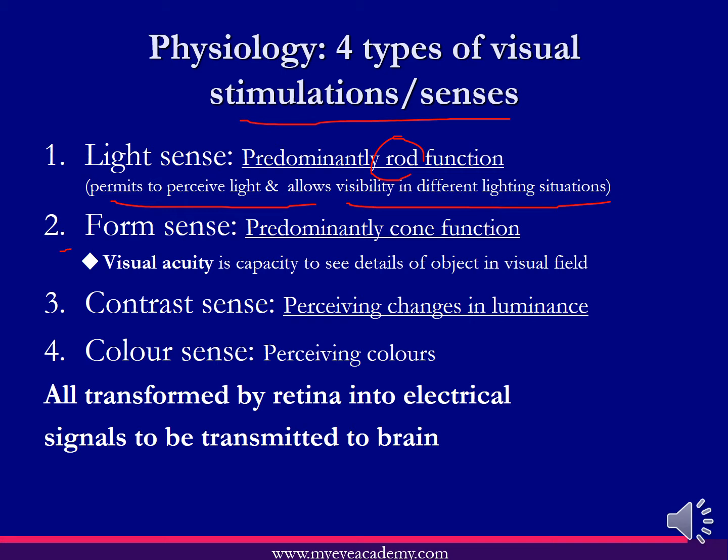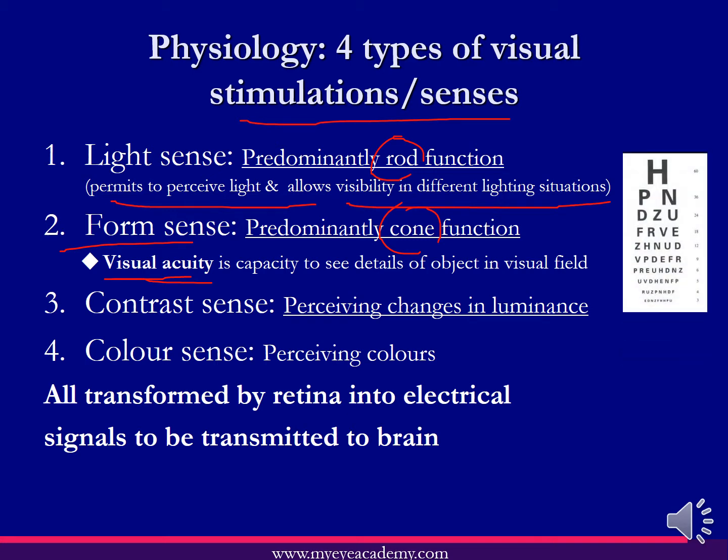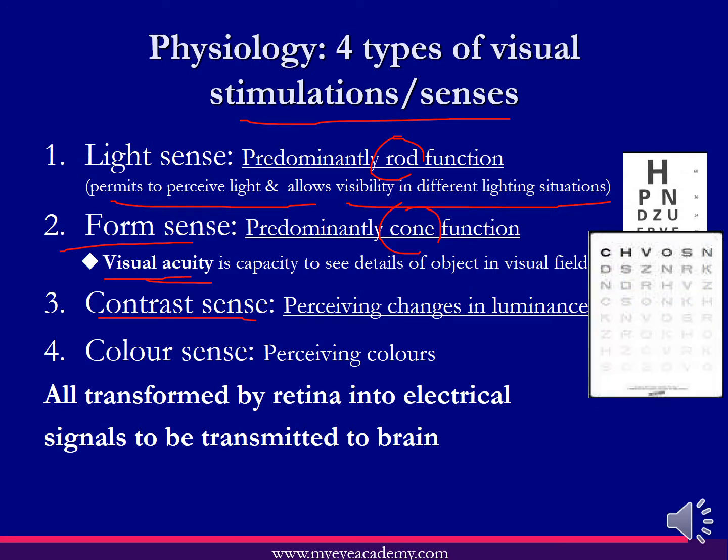The next one is the form sense, which is predominantly a cone function. This form sense is the actual visual acuity that we normally measure in the clinic with the help of a Snellen's chart. The third sense is the contrast sense, which is perceiving changes in luminance, and it is measured with a special type of chart called the contrast sensitivity chart.